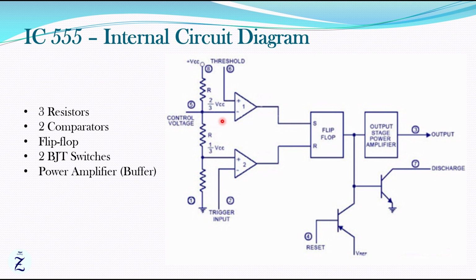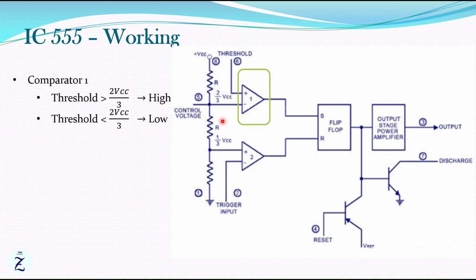These voltages are applied to the comparators for comparing them with the threshold voltage and trigger input voltage. Let us look at the first comparator. We have 2 VCC by 3 applied at the inverting terminal and the threshold input applied at the non-inverting terminal.